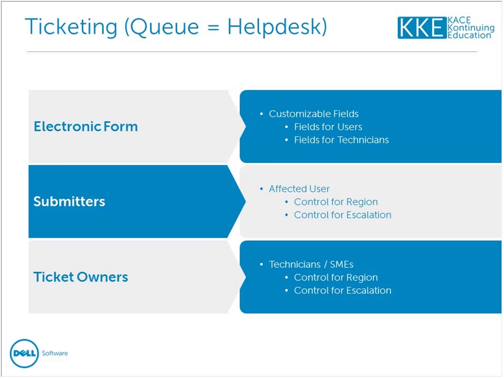So the first thing, one quick little reminder. I told you I'm not going to go back over how to do ticketing and what our ticketing is and everything. But a queue equals a help desk. I can have as many queues in the K1000 service desk as I want to. Each queue can be a completely separate help desk. Okay? So if I'm an international company, I can have different IT queues for each of my different world regions, right?